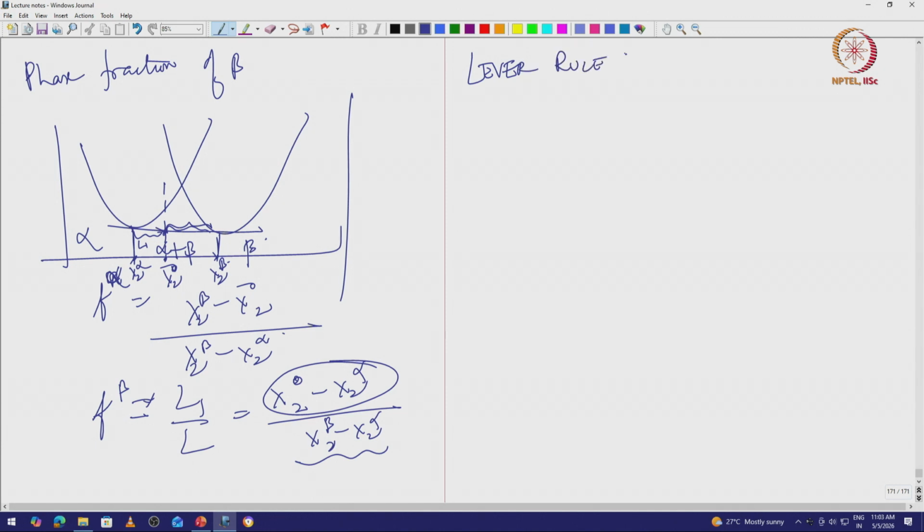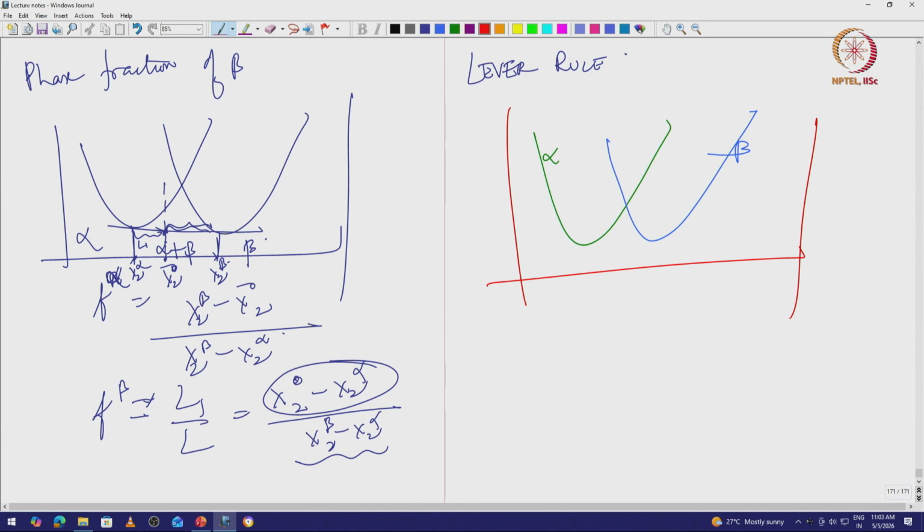Now, let me just draw in different colors, then it looks better. So, this is alpha, this is beta, this is alpha, this is beta, right, and until here we said this is alpha, from here to here this is alpha plus beta. So, here it is going to be beta phase that is stable, right.